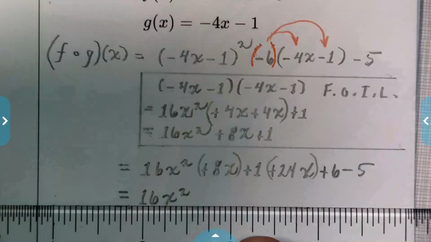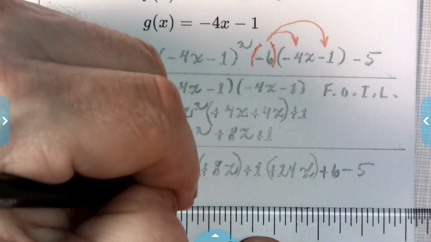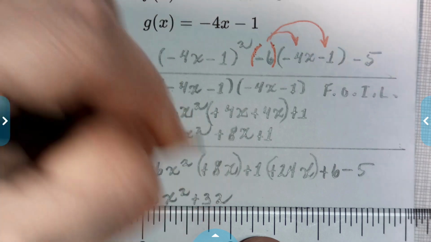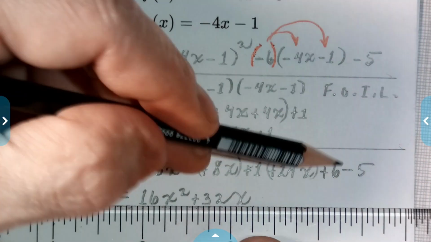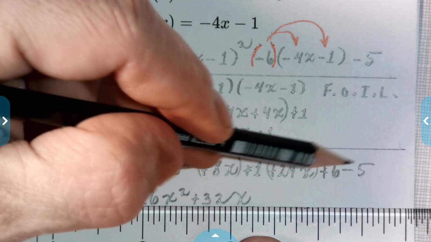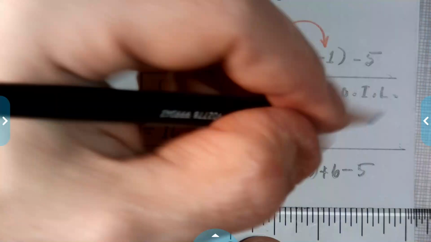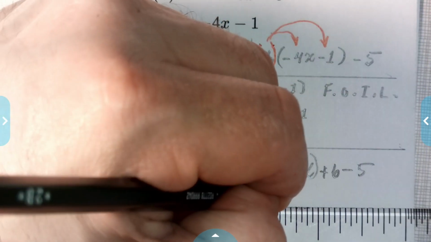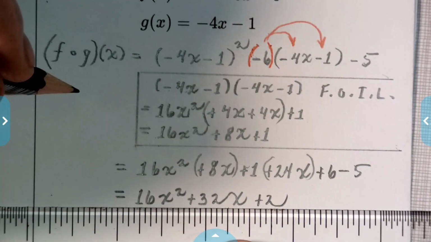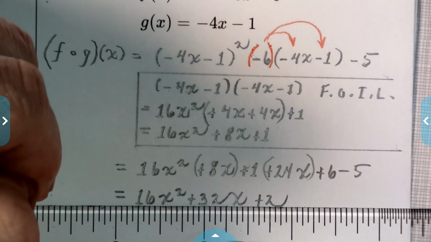And then that gives me 32x, so plus 32x. And then I've got 1 plus 6, which is 7. And 7 minus 5 is 2. So plus 2. And that, my friends, is the step you would never get on the calculator.